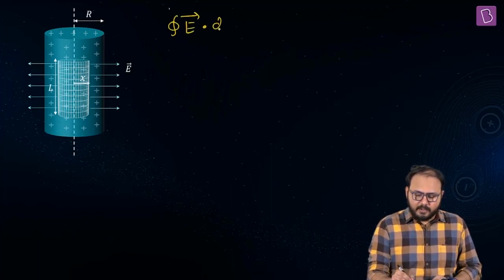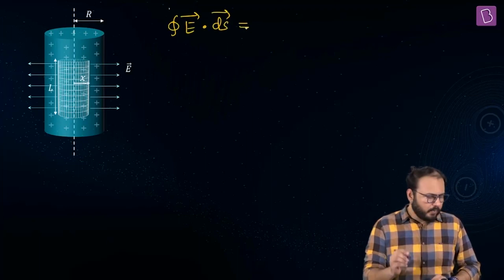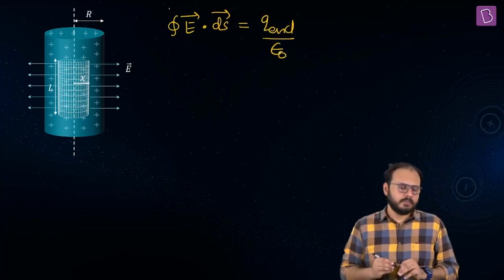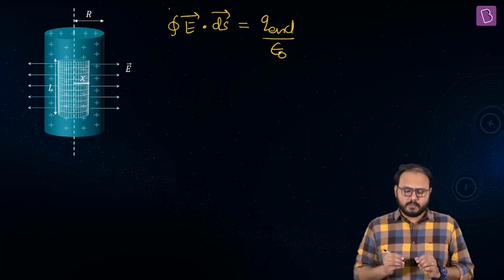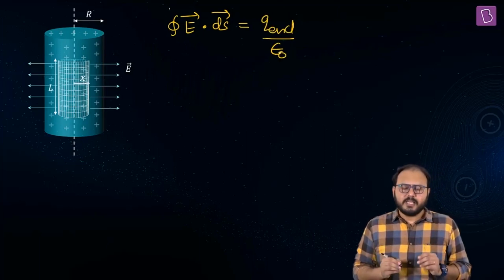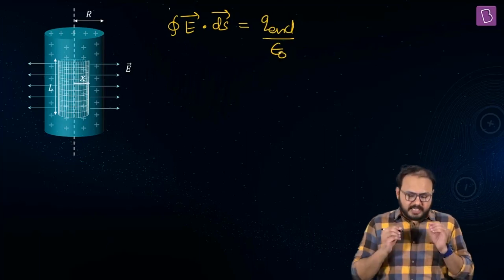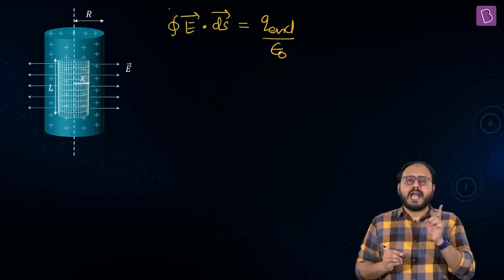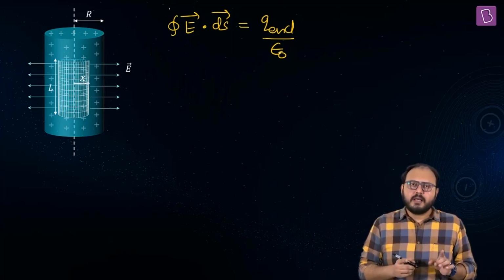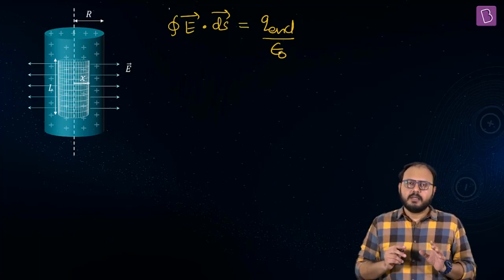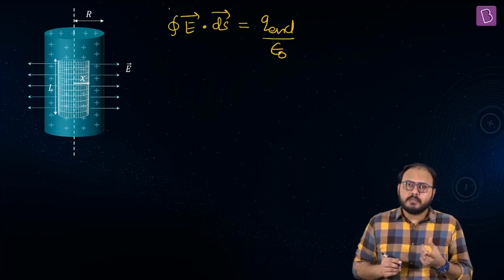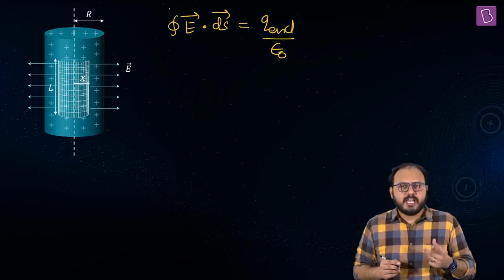So applying Gauss law, integral E dot ds is equal to Q enclosed by epsilon naught. Consider a cylinder coaxial with the given cylinder, of radius x and length L. What is L?